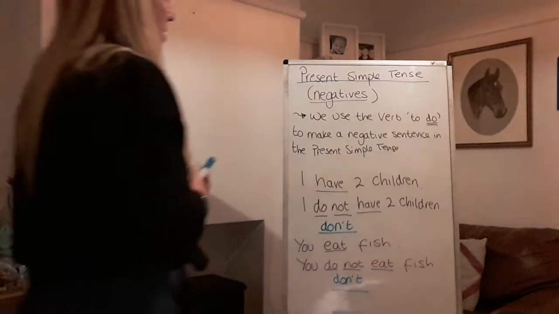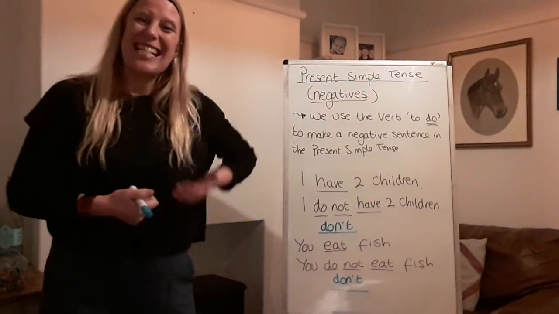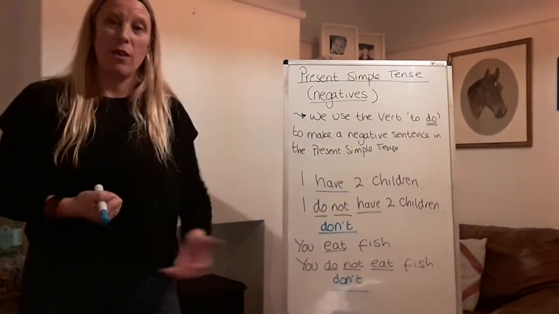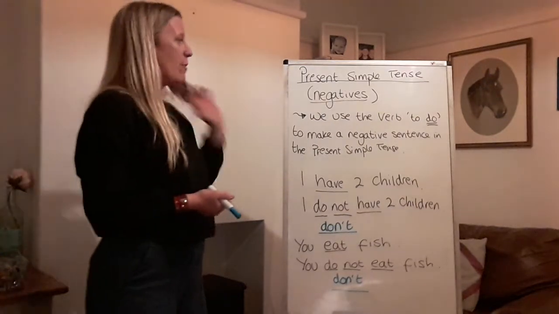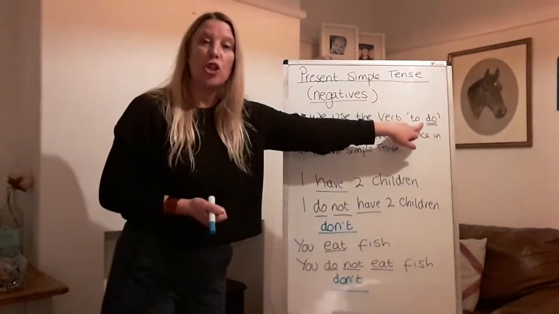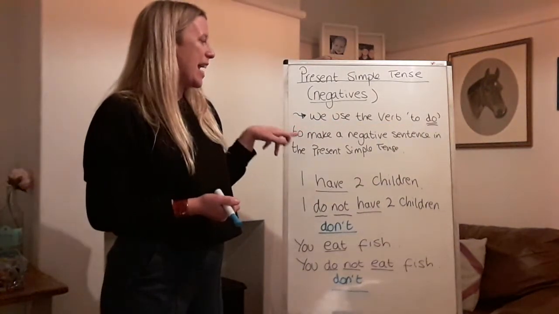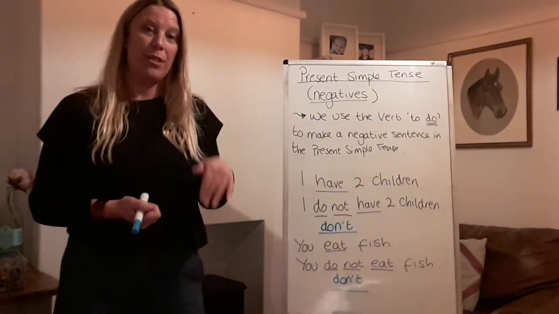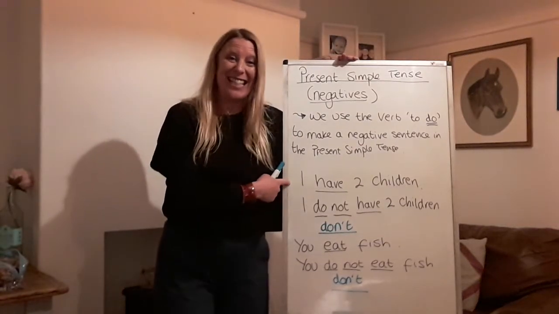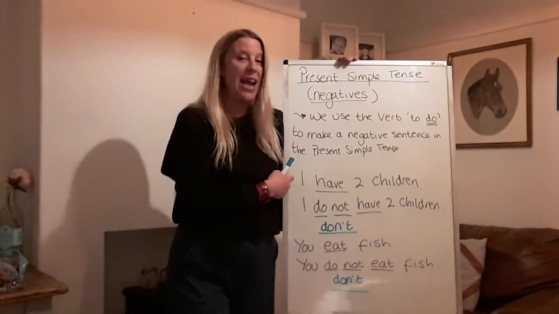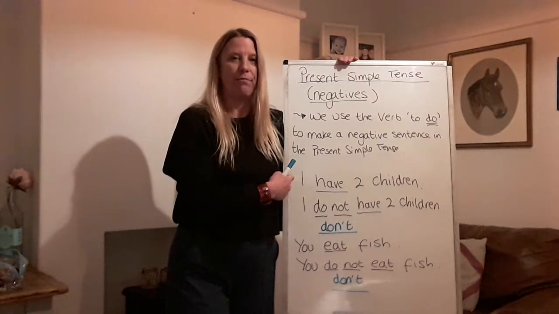Okay, so let's have a look at the present simple tense in the negative form, when we're talking in a negative sentence. We use the verb to do to make a negative sentence in the present simple tense. If we look at one of our positive present simple sentences, I have 2 children.